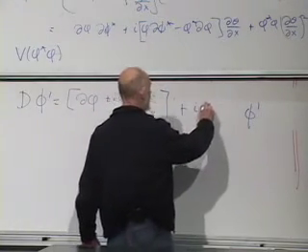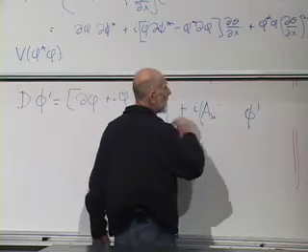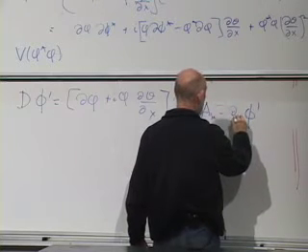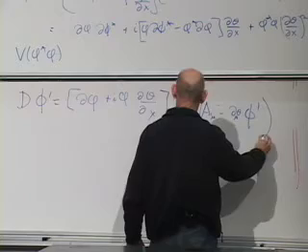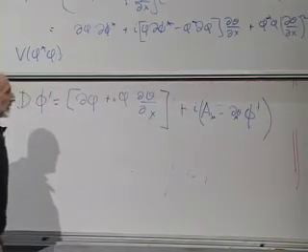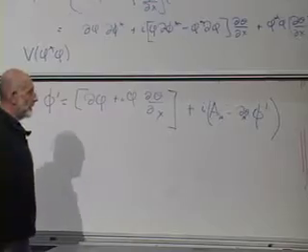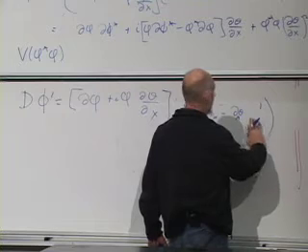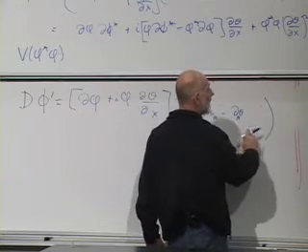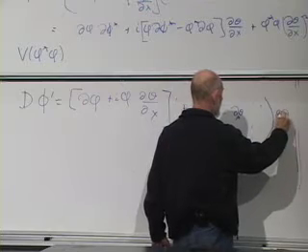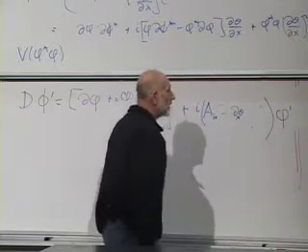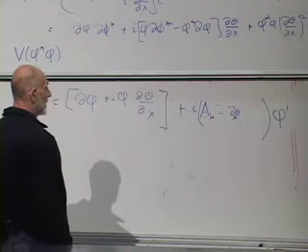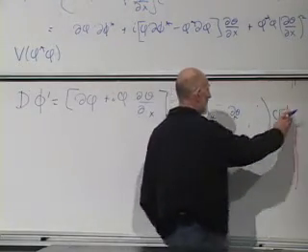A prime is A mu minus d mu theta, all times phi prime. Is that right? I think that's right.